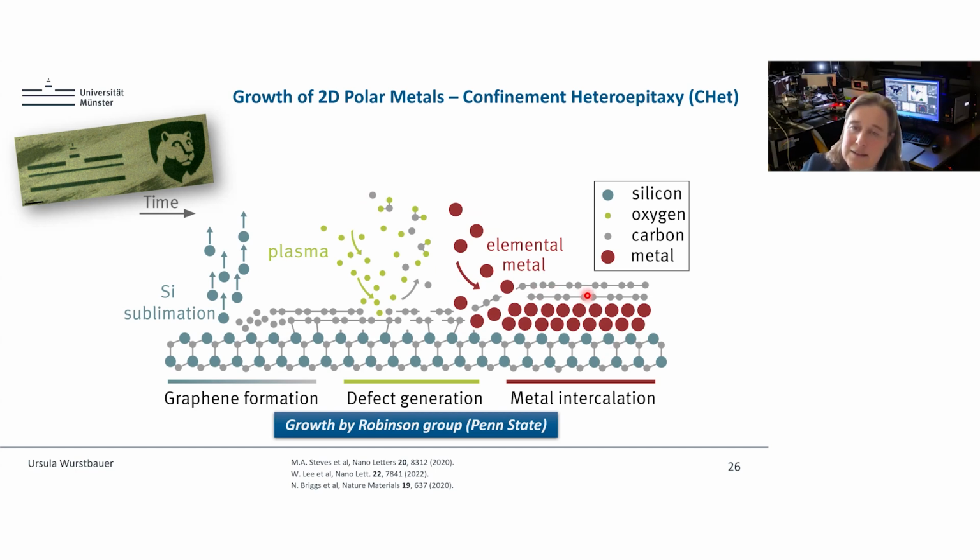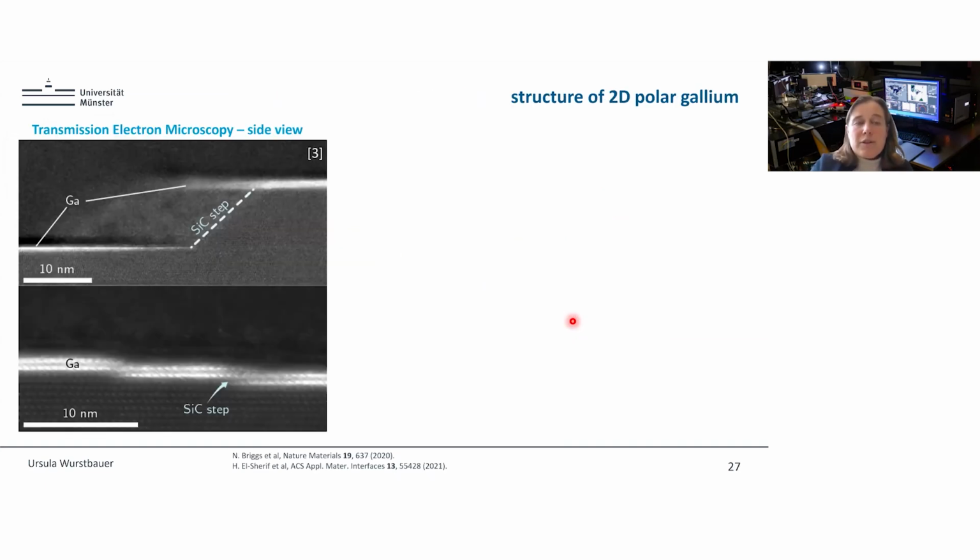The graphene is sealing, such that we have a protection layer on top. And these elemental metals then formed a structure. They are covalently bonded to the silicon carbide, particularly to the silicon. Among those, they form metallic-like bondings. And on top, to the graphene, it's a van der Waals-like bonding. If we look at the transmission electron microscopy analysis, in a cross-sectional geometry, we see, depending on the silicon carbide and the synthesis of the silicon carbide, either large step edges or smaller step edges.